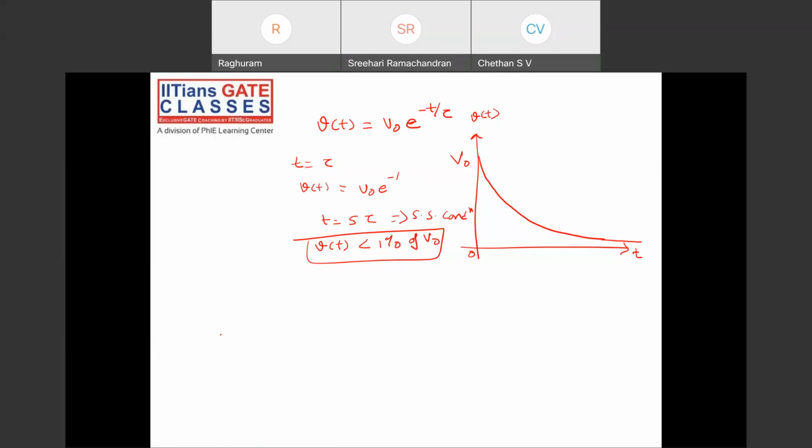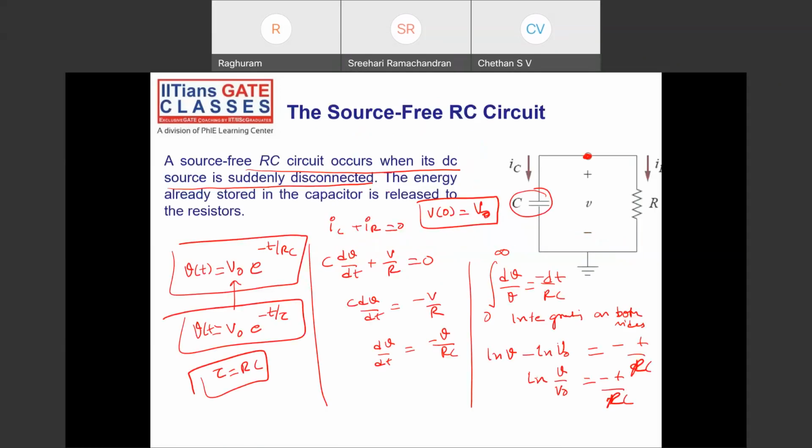So one doubt in the last slide: the RC elements are connected, but we are taking the condition that initially the voltage is V naught, so it's acting as a source, right, sir? Right. That was my next thing to tell.